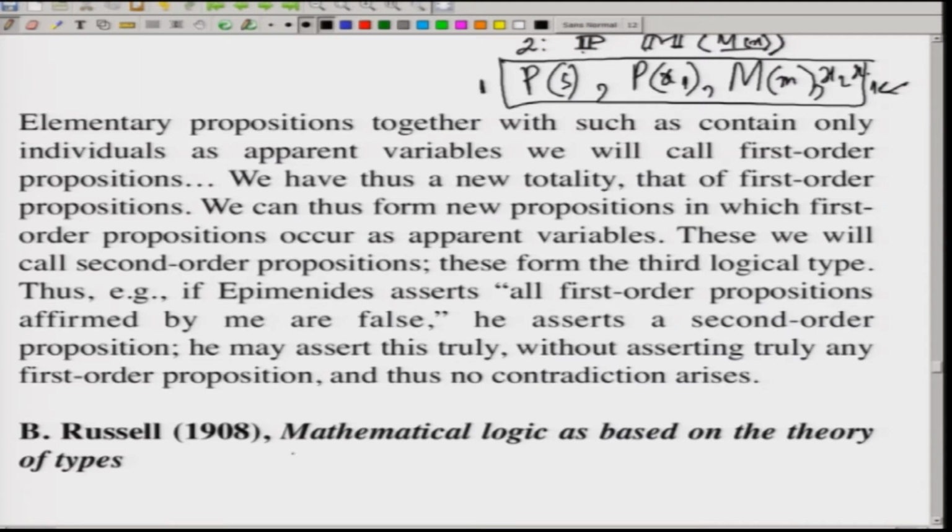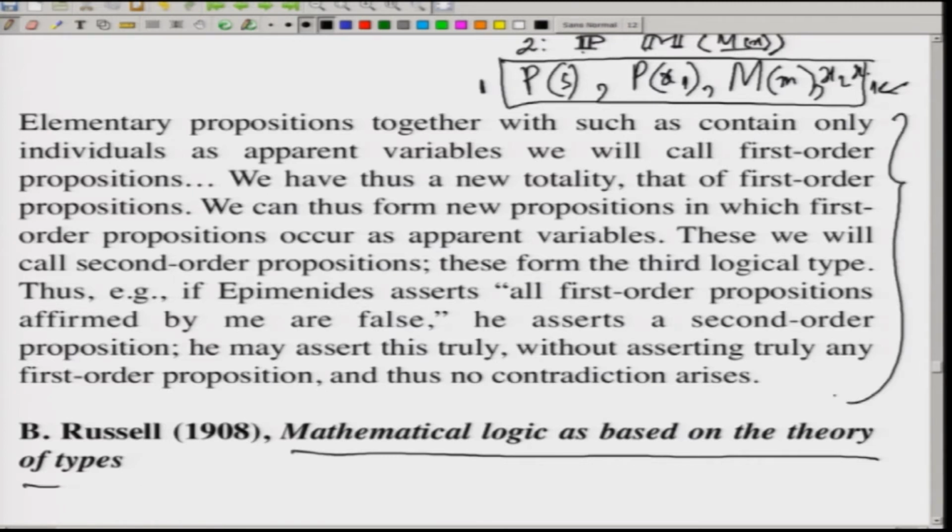It is from Mathematical Logic as Based on the Theory of Types, which was published in 1908. Our discussion was based on this paper of Russell, and this quote is very important for us. Now we can see how it prevents the paradox, that is the liar's paradox or Russell's paradox. As far as sets are concerned, a set will not have itself as a member.